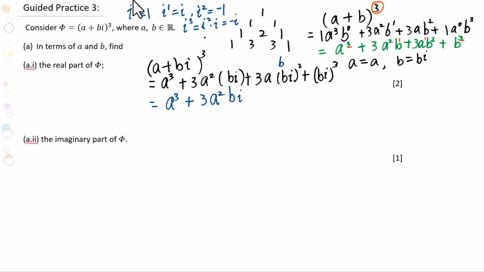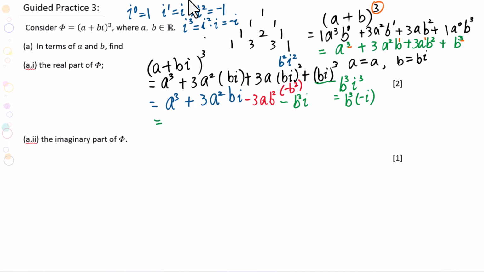This is b squared i squared, which is -b squared. So we get minus 3ab squared. For this term, b to the third power times i to the third power, which is b to the third power times -i. So we get negative b to the third power i.